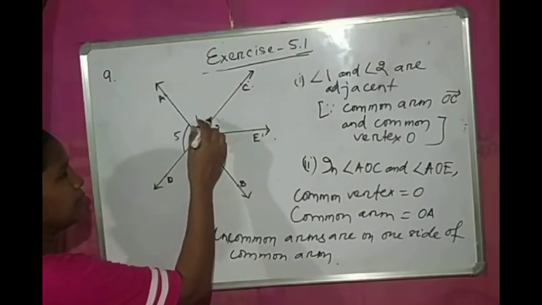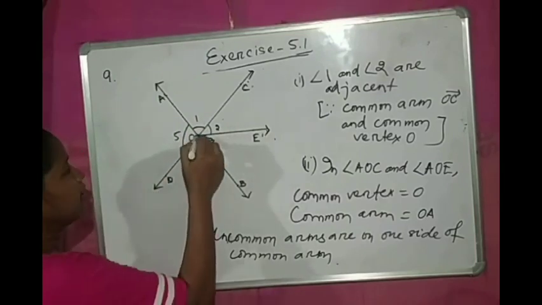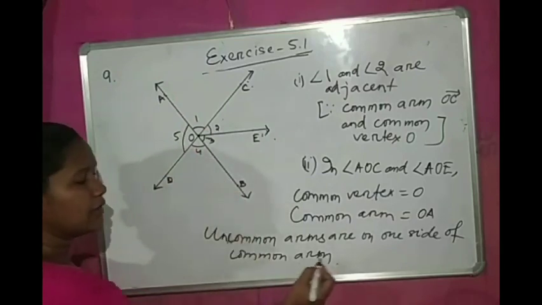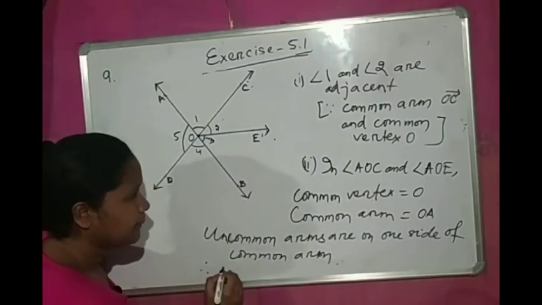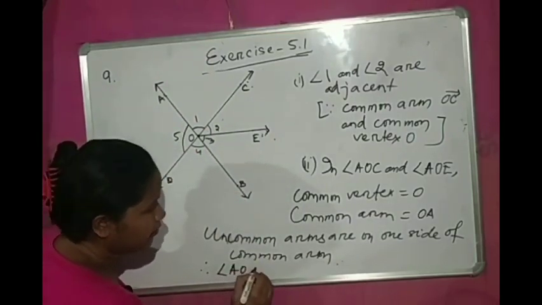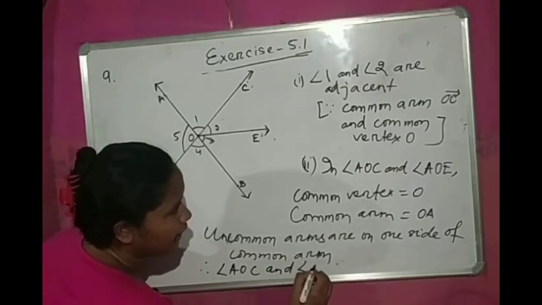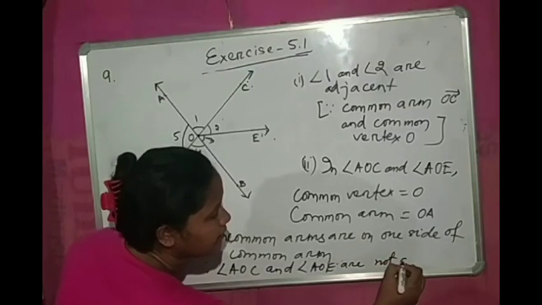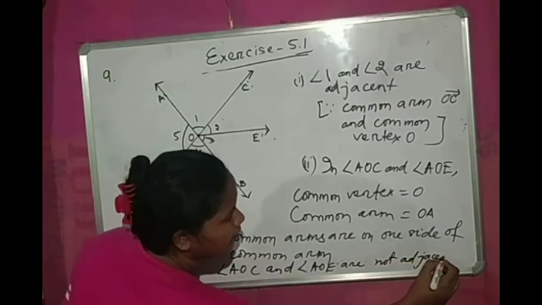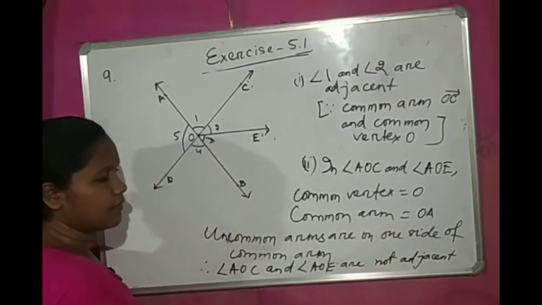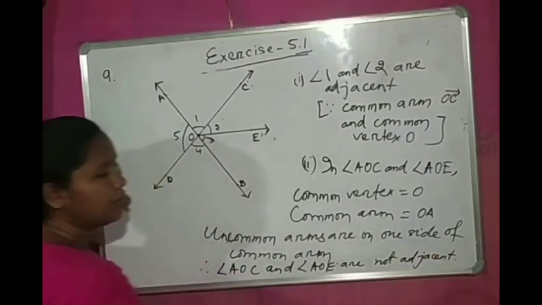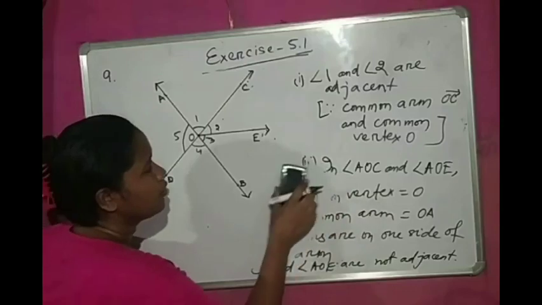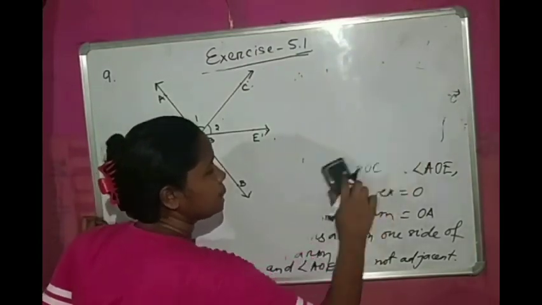If these two were adjacent angles, then these two arms should be on the two sides of OA. But they are on one side. That's why angle AOC and angle AOE are not adjacent angles. So this is about question 2.